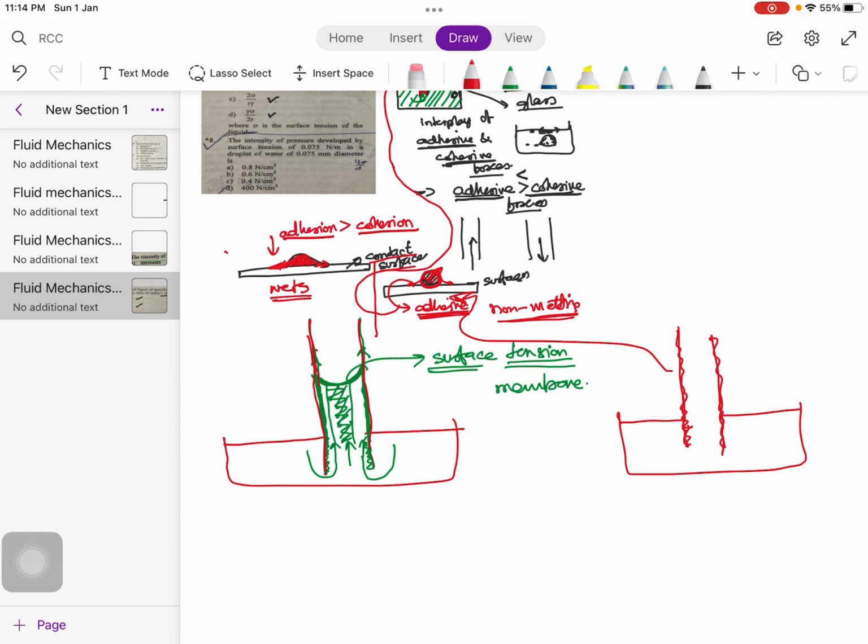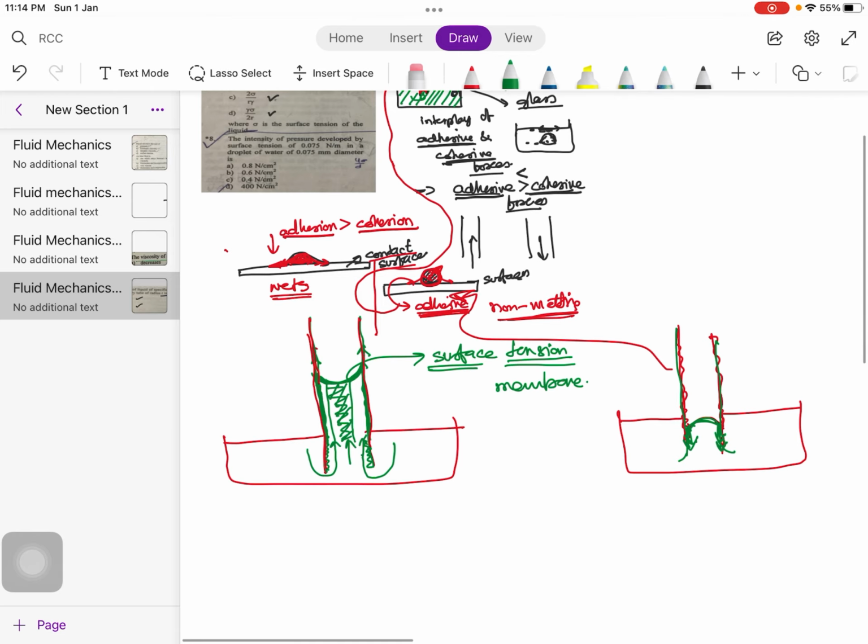The liquid molecules try to bind within the liquid body, and in the process, the liquid molecules closer to the surface of this capillary tube experience repulsion, and they experience a fall.